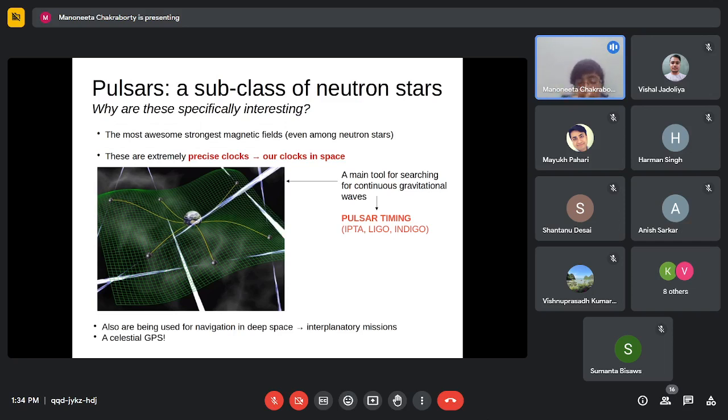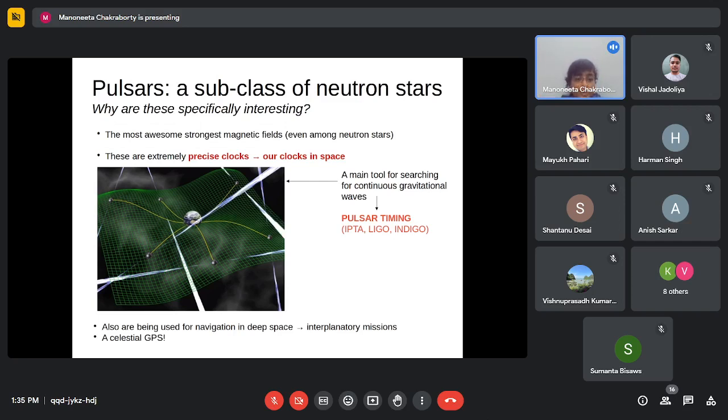So by measuring this delay, we can predict what has passed between us and the pulsar. And using this, we can time various events in the universe. For example, we can use timing for navigation in deep space for interplanetary missions as well.